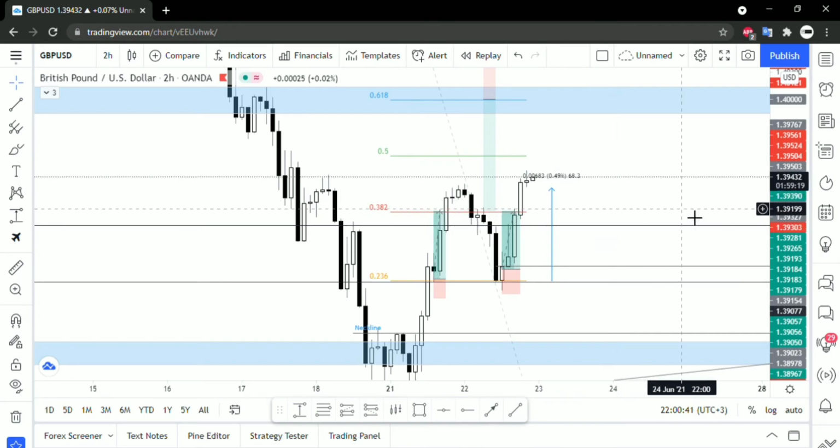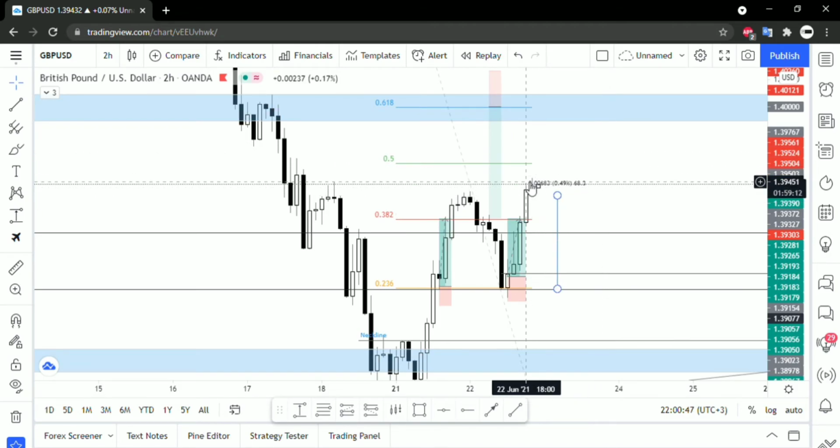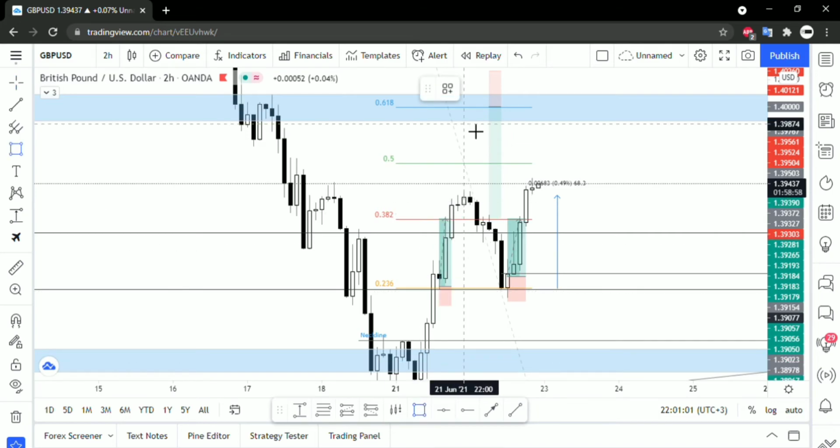Right now, as you can see, the market is continuing to move up, and my prediction is that we will likely go back to this particular resistance level and then react to this, because usually between 0.5 and 0.618 is something that we call the golden zone. Let's just mark that out.